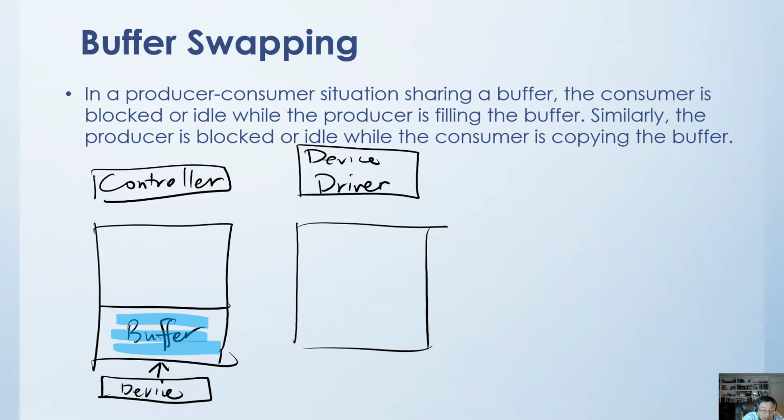So the driver unblocks itself, accesses the buffer, and copies the data from the buffer to the memory.